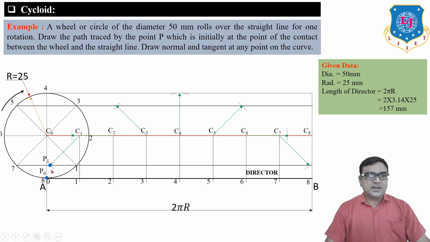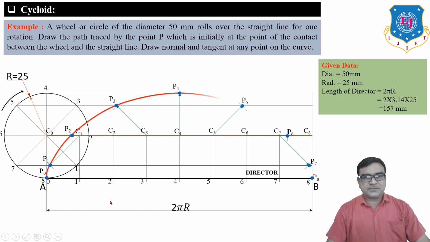And the intersection points are P1, P2, P3, P4, P5, P6, P7 and P8. Trace out the curve passing through all the points. So this curve is known as cycloid. Now how to draw the normal and tangent at any given point? Suppose you select any point S on the curve.